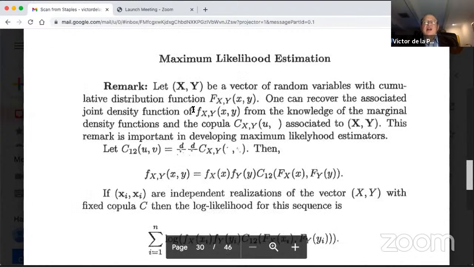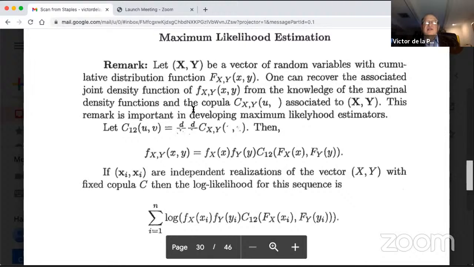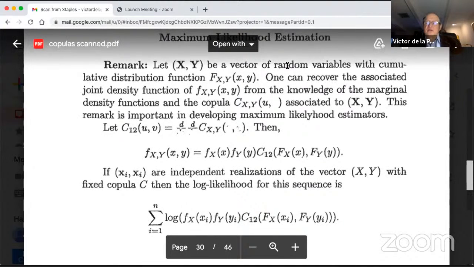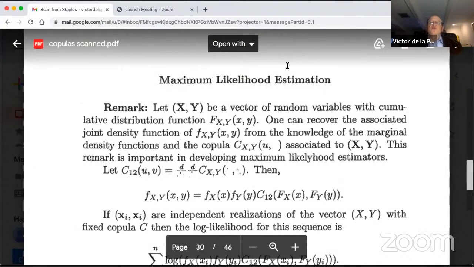Now, how do I estimate a copula? Here we have maximum likelihood. If we want to fit a copula, what we do is the following.